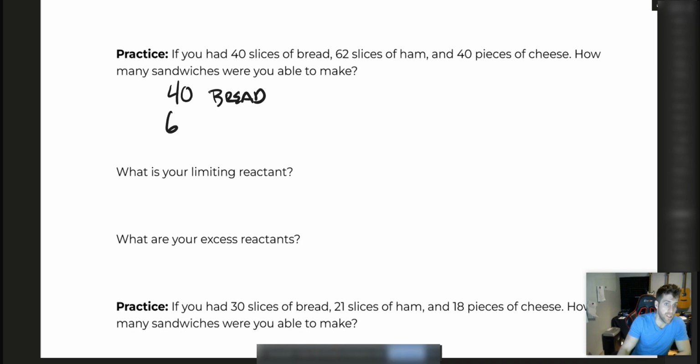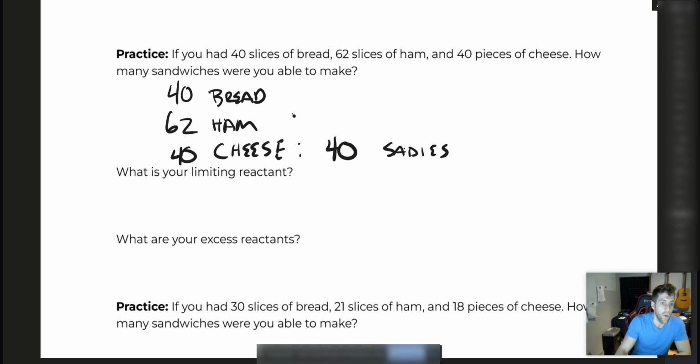We have 62 ham, and we have 40 cheese. Well, cheese is easy. We're going to be able to make 40 sandies with that, right? Ham, 62 divided by 3. It just so happens to be 20.6.